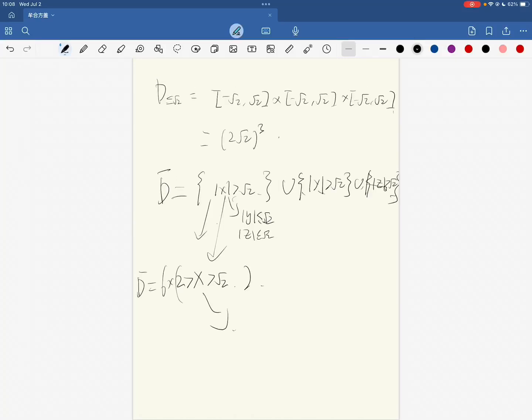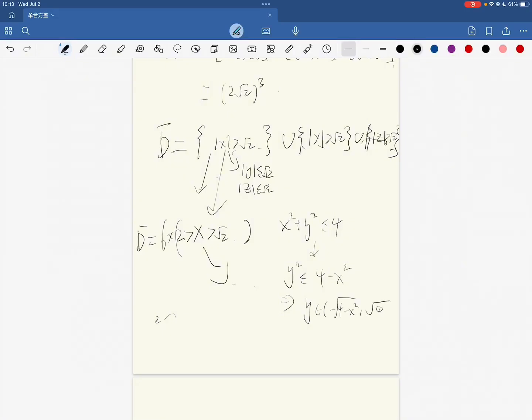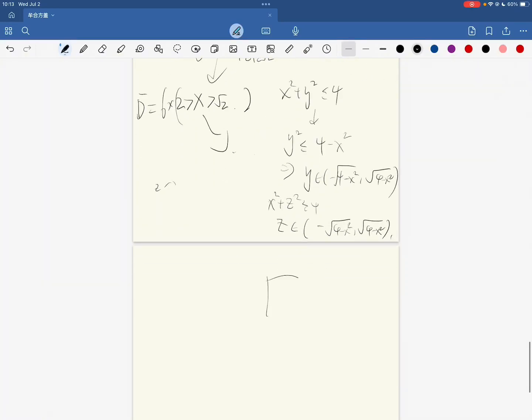And for this, from this equation we get this.